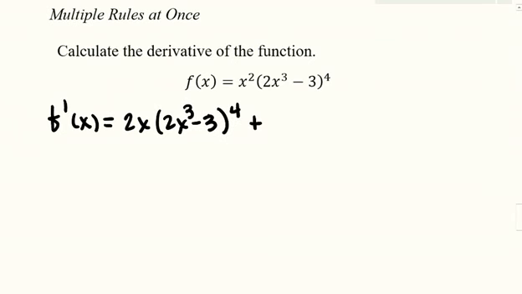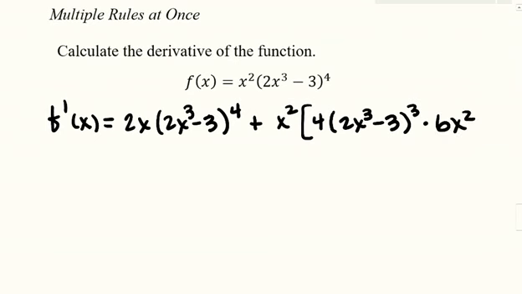And I'm going to add in, leave x squared the same, and take the derivative of 2x to the third minus 3 to the fourth. Well, I'm going to start with the power rule. That's that fourth power. I'm going to bring that down, leave 2x to the third minus 3 the same, reduce the power by 1. Then multiply by the derivative of the inside. The derivative of the inside is going to be 6x squared. And that's good.